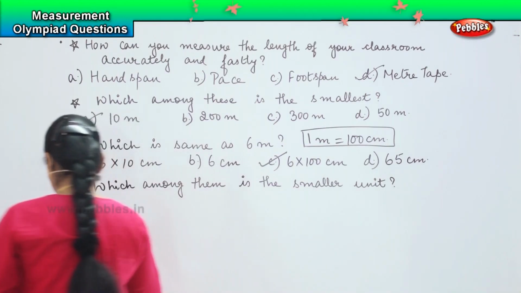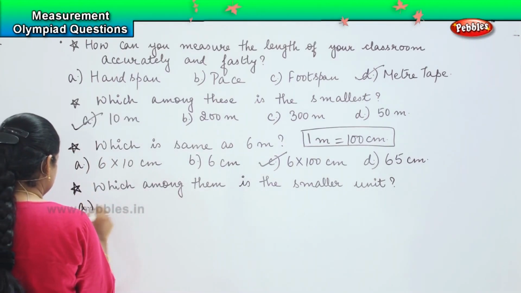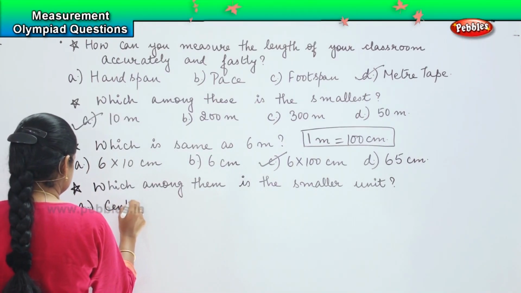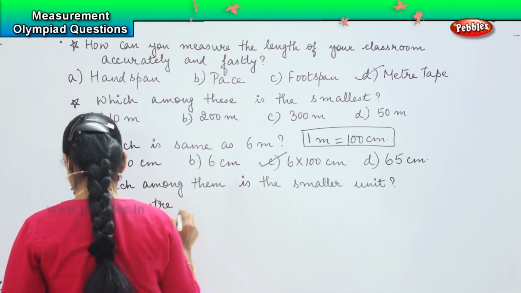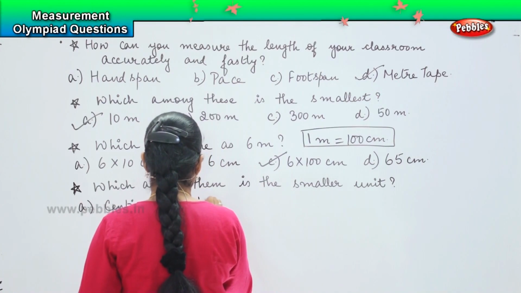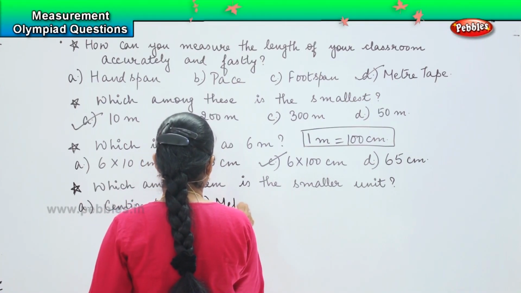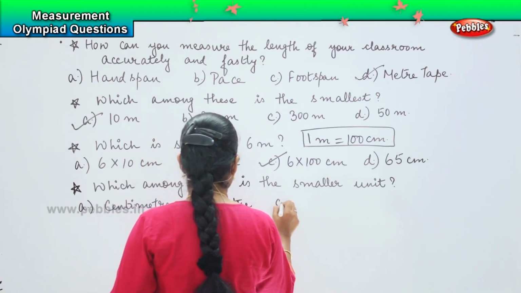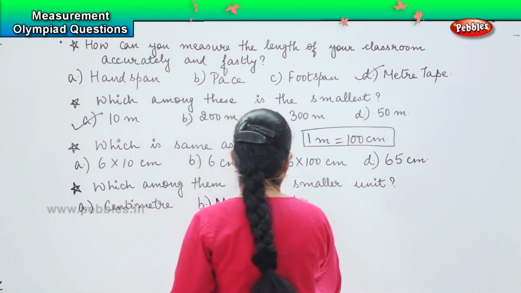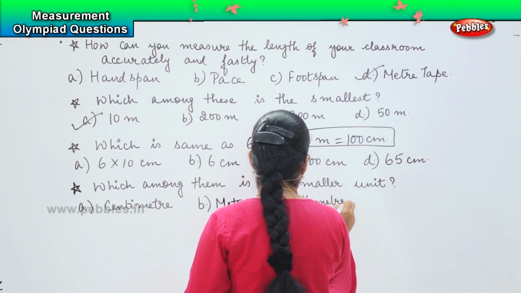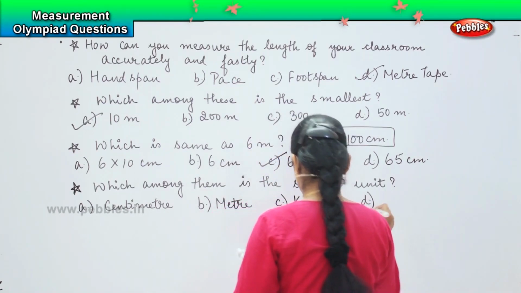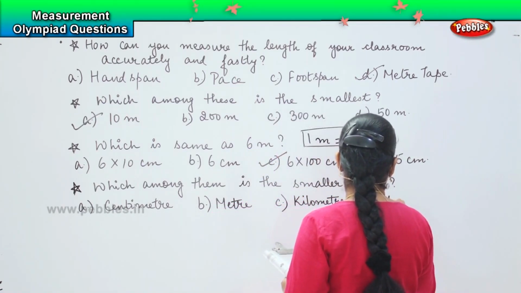And your options are A centimeter, B meter, C kilometer, and D all of these.